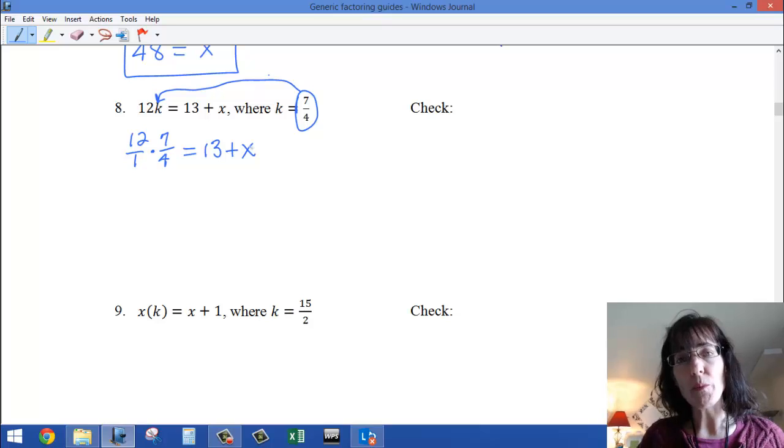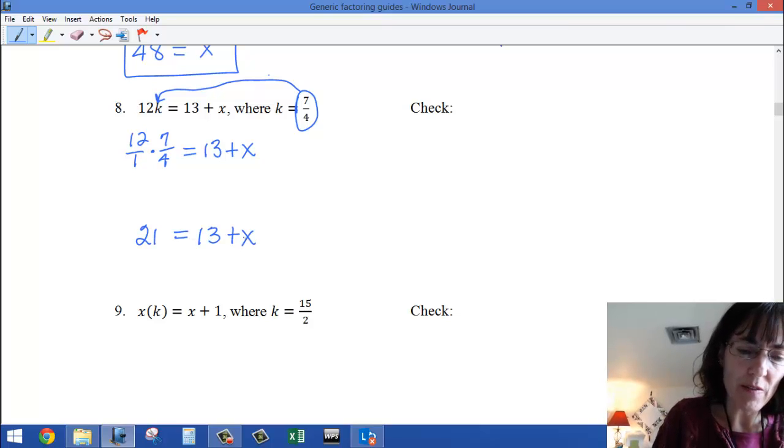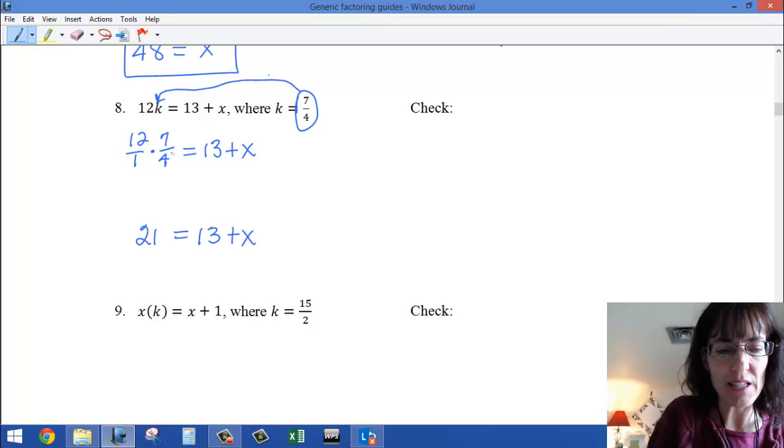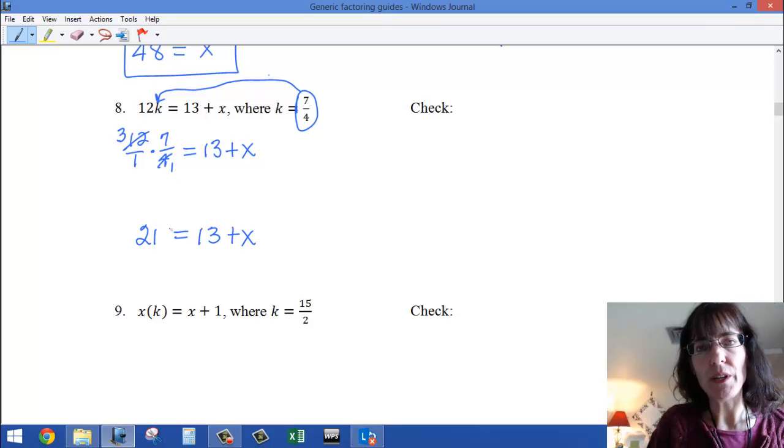Now remember, you can multiply that 12 times 7, multiply the numerators, and then divide by 4 times 1, or 4, and you'll get 21. Or I want to show you the other way that I like to do this, because I can see that 4 goes into 12 3 times, and then I have 3 times 7 is 21 over 1 times 1 is 1, which I don't have to show.